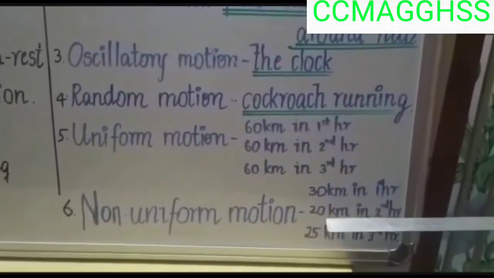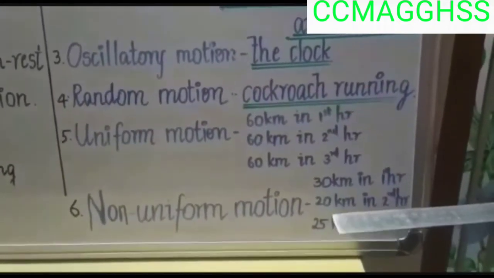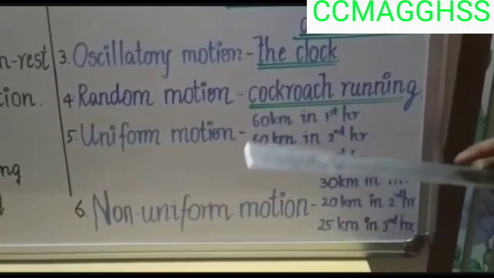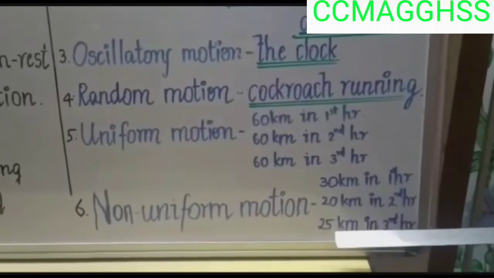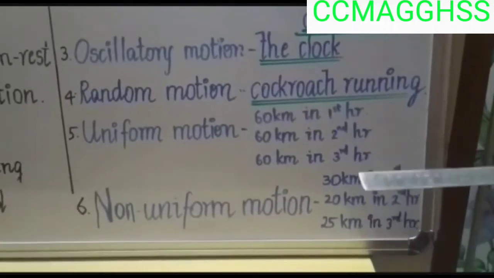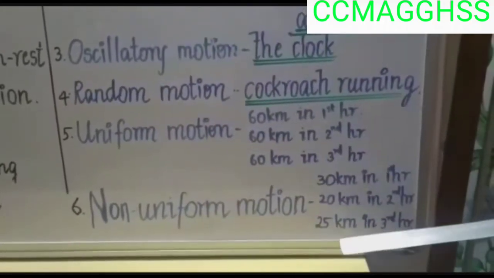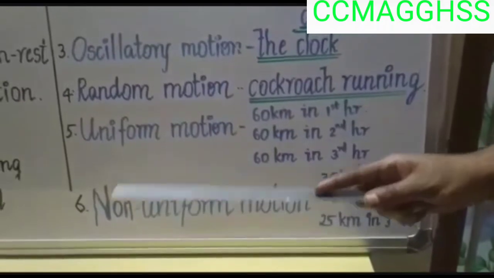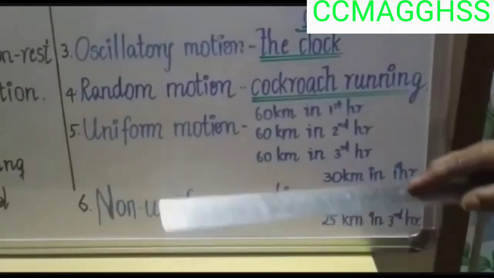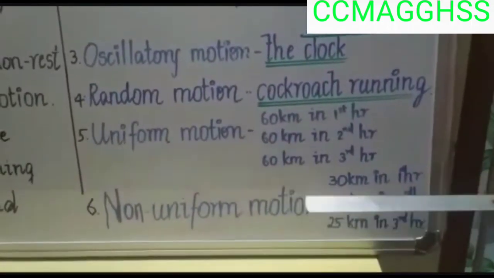In the second hour, it is able to travel only 20 kilometers because there is road work going on, and hence they stop the vehicle and then it is allowed to move. And in the third hour, it travels 25 kilometers because the road is very hilly and it climbs slopes. So, we can say here the lorry is traveling unequal distance in equal intervals of time, and hence it is said to be non-uniform motion.